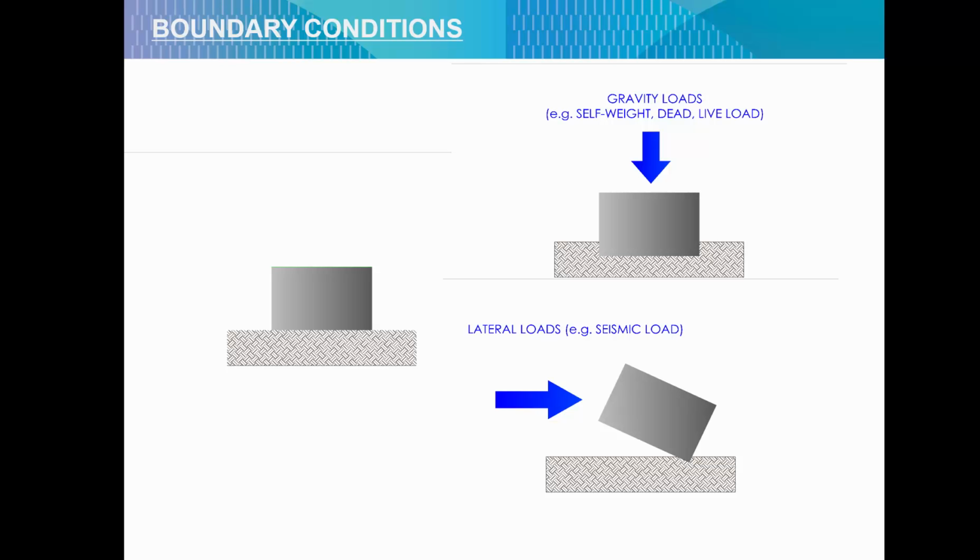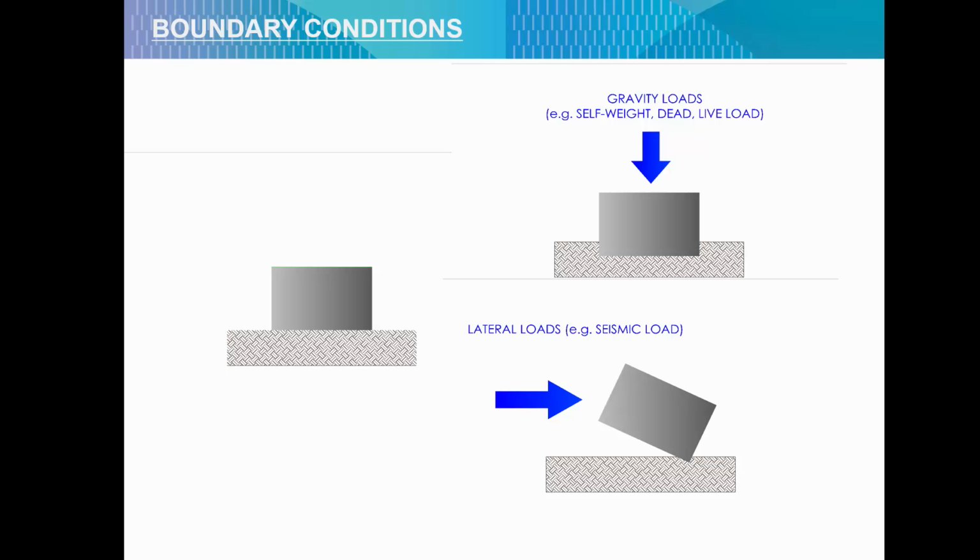So when the tank lifts, the soil will not be able to resist its lifting motion because the soil cannot undergo tension. But we know that in actual conditions, gravity loads and seismic load do not exist separately.